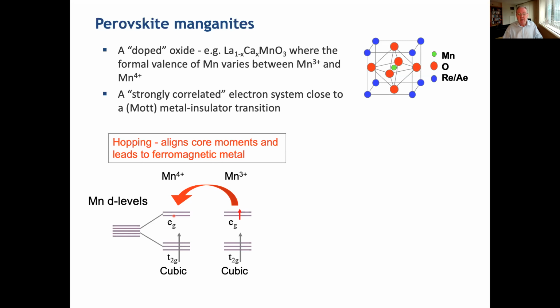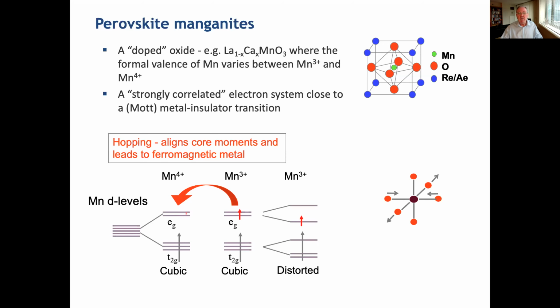But there's another thing that can happen, and that is a Jahn-Teller distortion, because if this is completely cubic, indeed, these two levels are degenerate. If I make a distortion where, for example, two of the oxygen atoms move in and two move out, I produce a gap here that splits these levels and localizes this carrier.